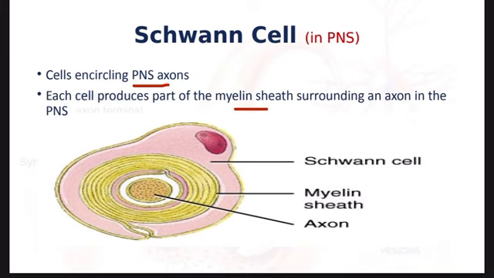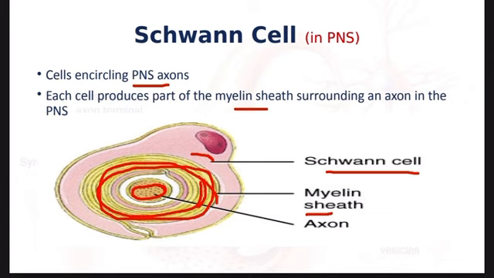Clear? So this is the Schwann cell. It's here. This is the myelin sheath, the yellow one, and this is the axon inside here. Myelination, who causes it? The Schwann cell. Easy, right? Very easy. Okay, we'll go to the next.